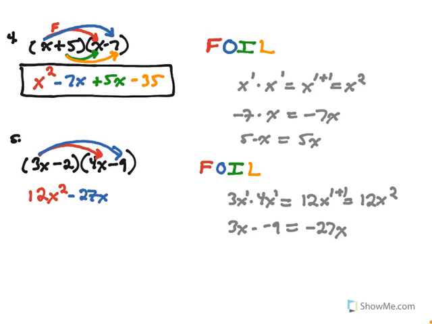Well, done with that step, not done with the problem. The next thing is the inside. Again, that's just negative 2 times 4x. A negative and a positive is a negative. 2 times 4 is 8, and then attach the x. So that's just going to be a minus 8x.